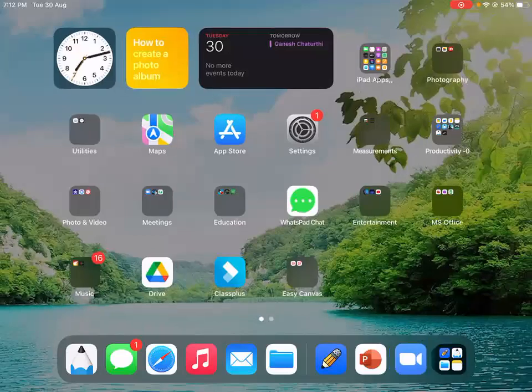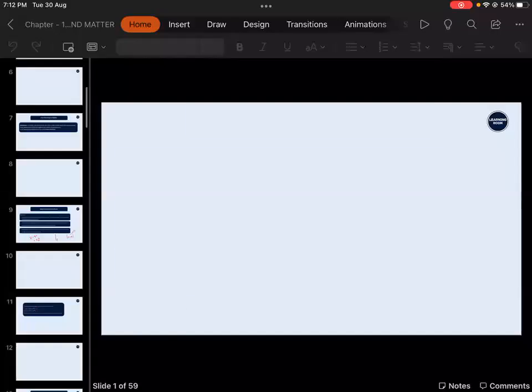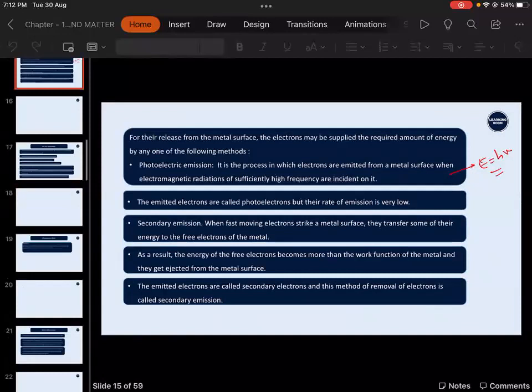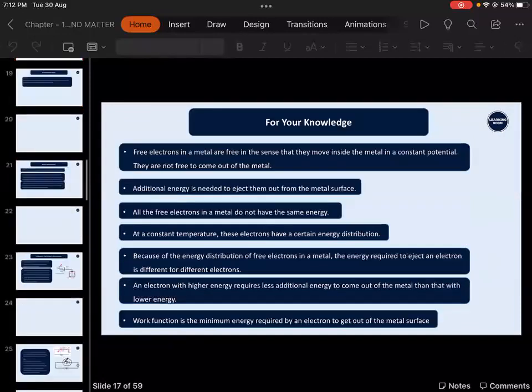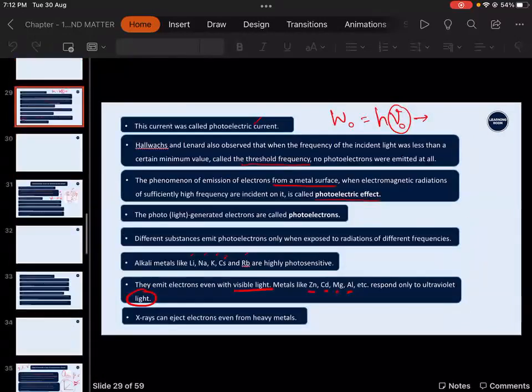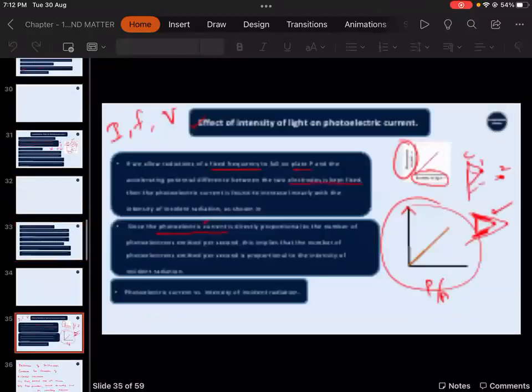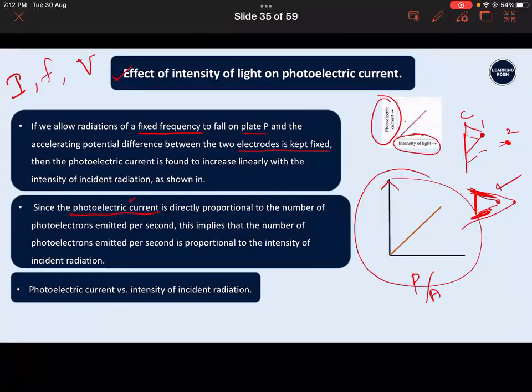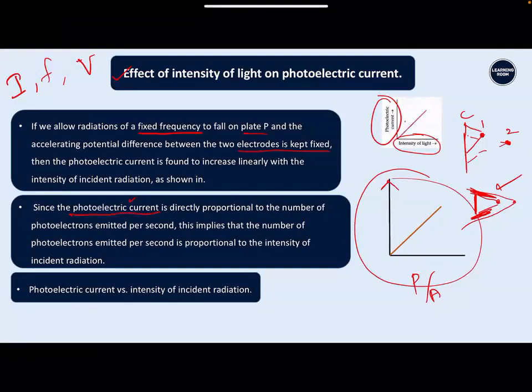Okay, we'll get started. Is my screen visible?